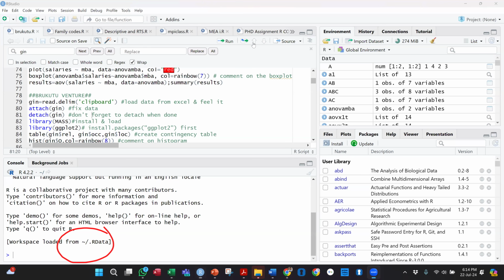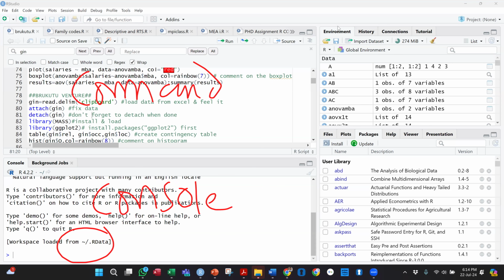Now the command center is this section here. Then the one at the bottom here is the console. And then the main thing here are the packages.